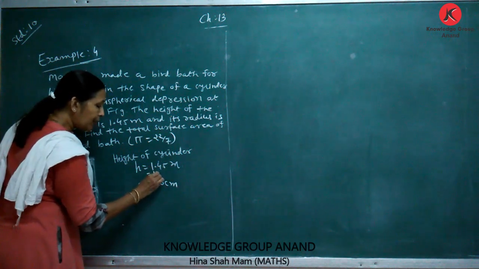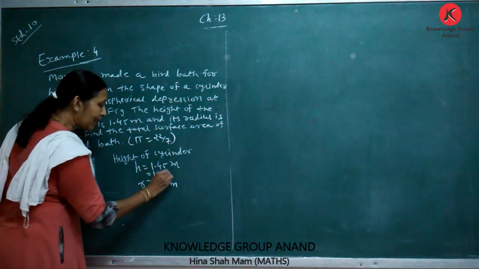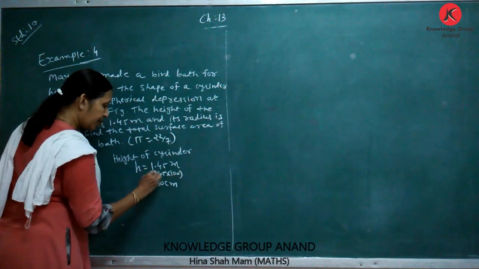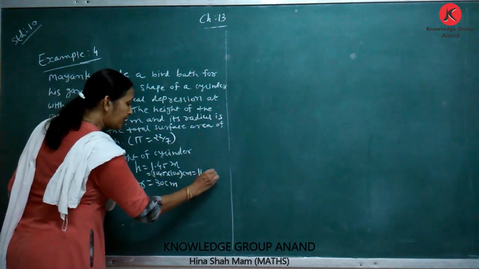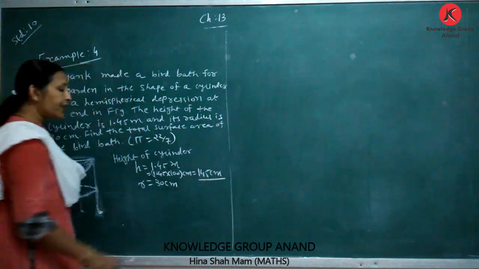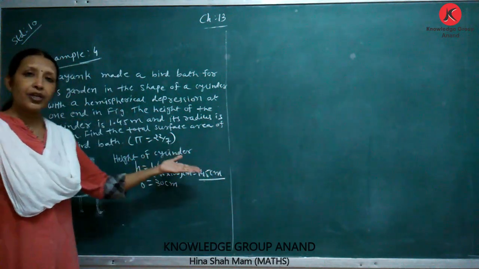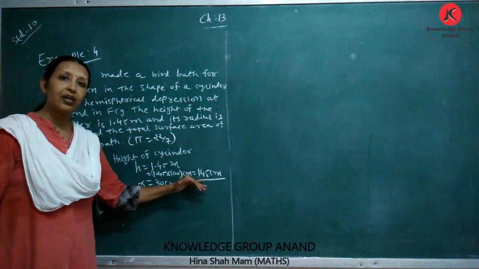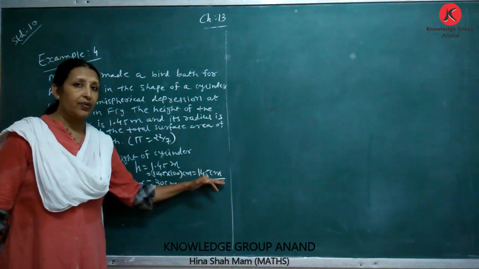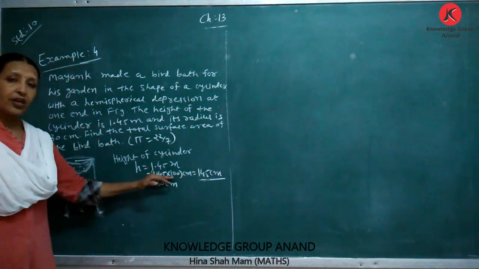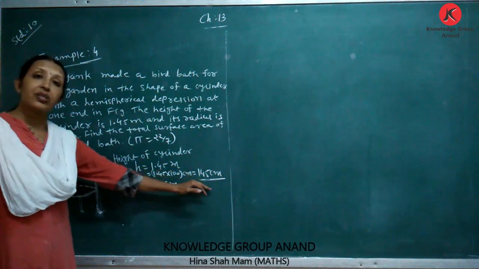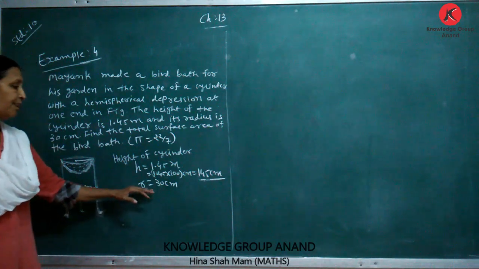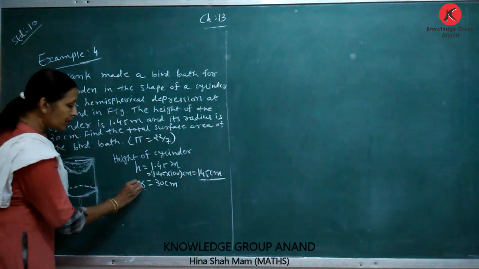Therefore, 1.45 multiplied by 100 gives 145 centimeter. We convert 1.45 meter is equal to 145 centimeter. This is for your understanding, but you write like this: 1.45 meter is equal to 145 centimeter, and radius is equal to 30 centimeter.